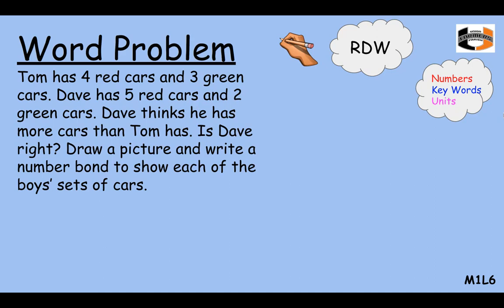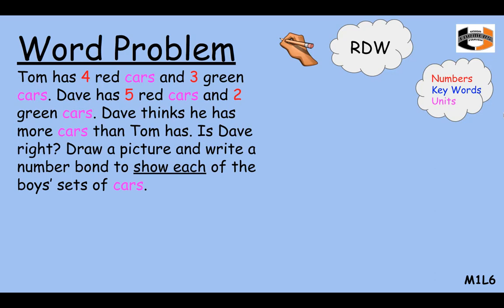Do you see the units we're working with? Right, we're working with cars. Some are red and some are green, but they are all cars. So we're going to highlight those things. And I wanted to point out with the underlined words that we need to show what each boy has.